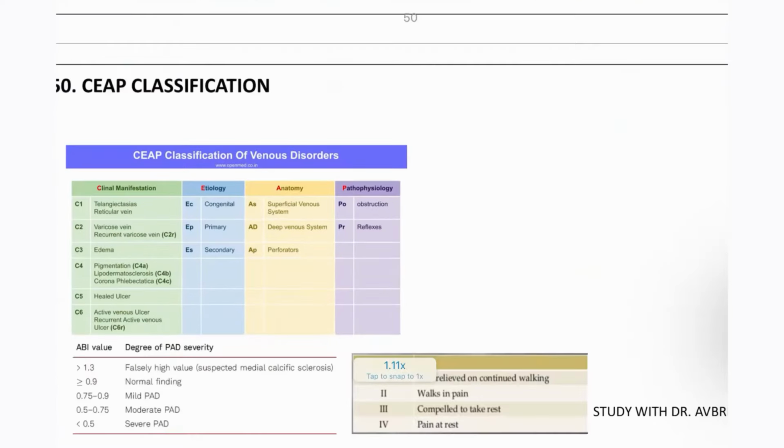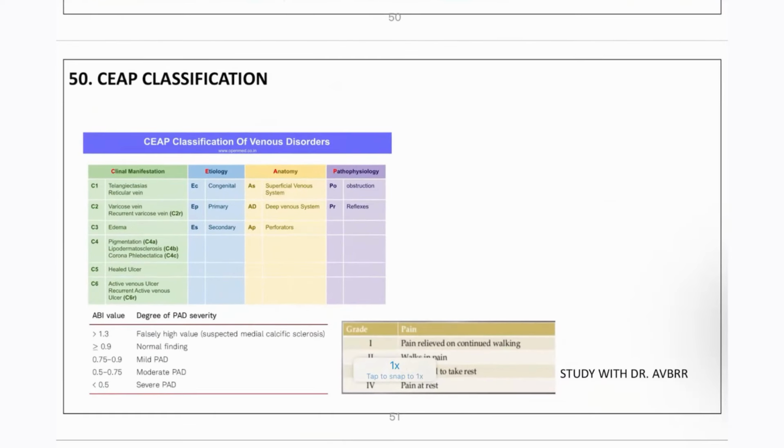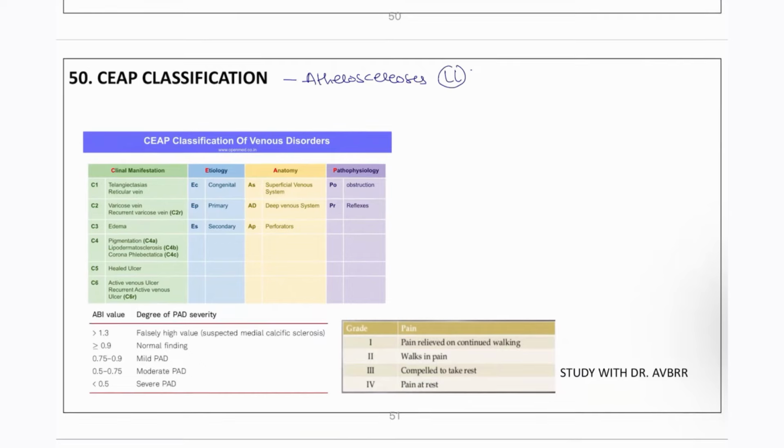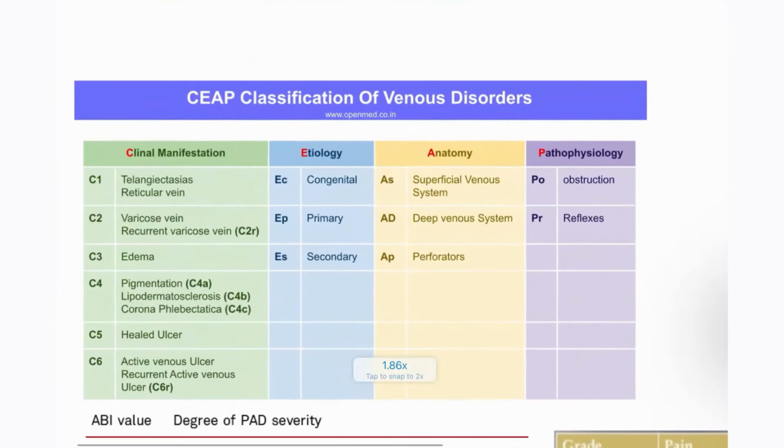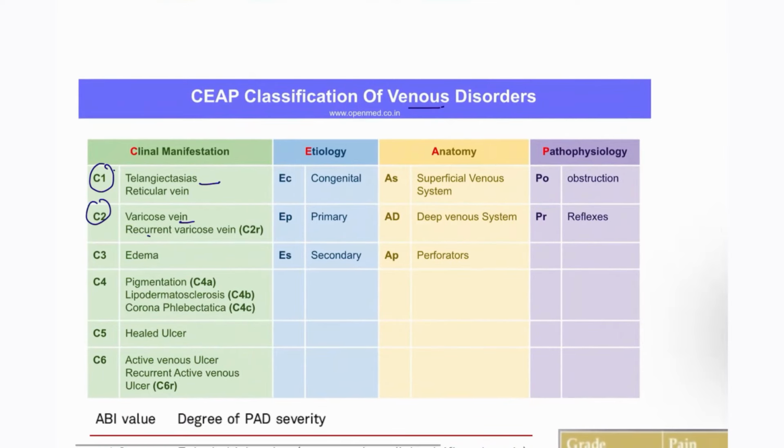Next, last topic for this short series, CEAP classification, which will be used for the patients suffering from claudication or atherosclerosis in the lower limbs. CEAP classification will explain the classification to decide the venous diseases. C1 is for telangiectasia and C2 is for varicose veins, recurrent attacks.